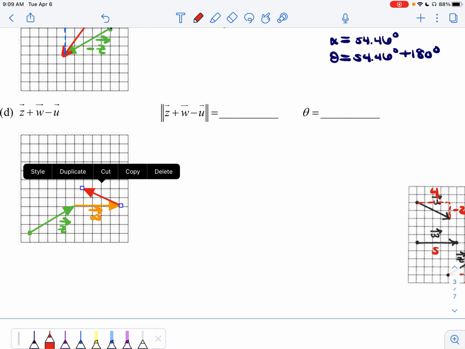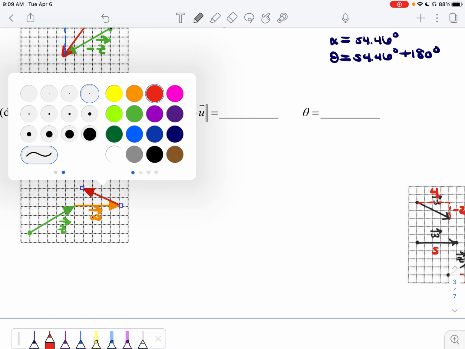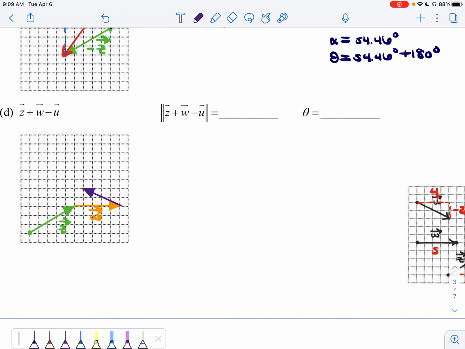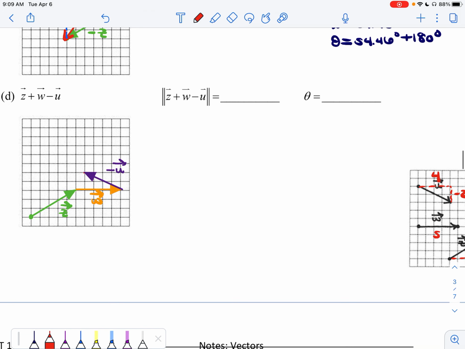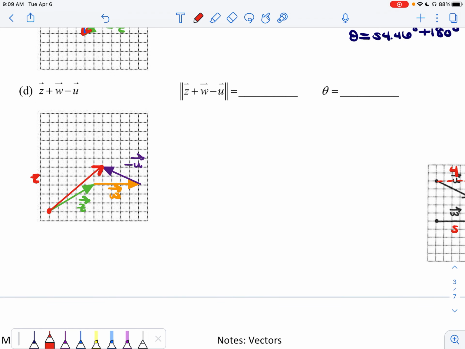Okay, so that is negative u. All right, and then our answer, the resultant vector, goes from the tail of z to the tip of negative u. So that is our answer, z plus w minus u.